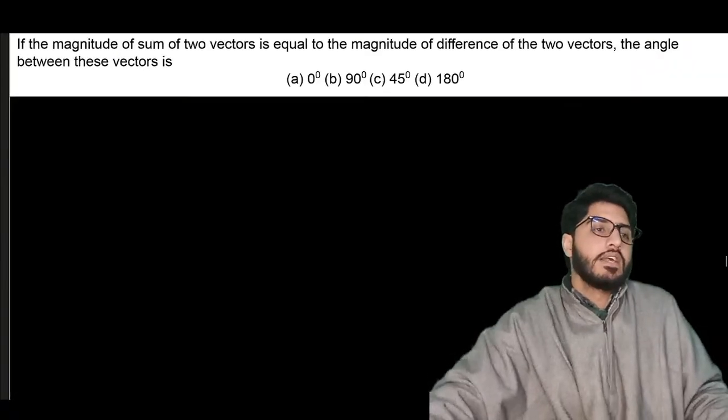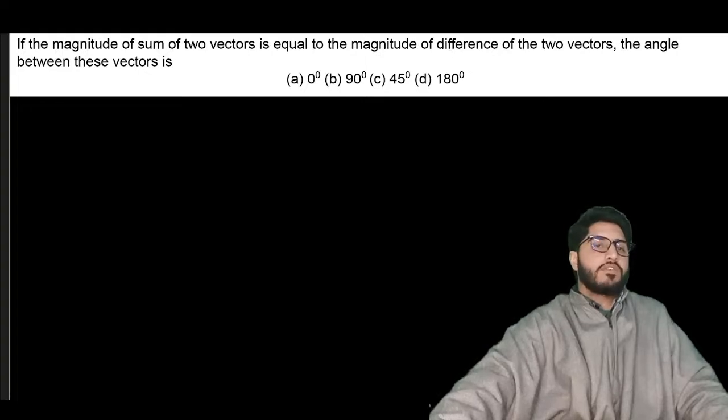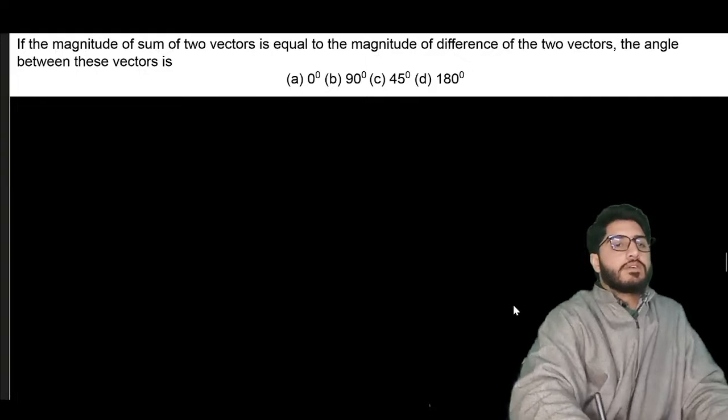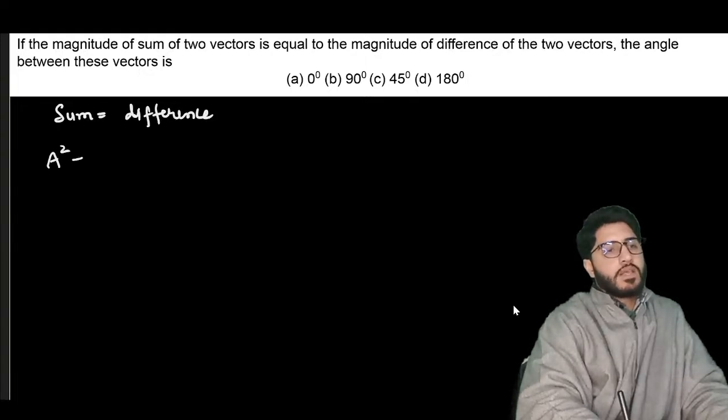Next numerical. If the magnitude of sum of two vectors is equal to the magnitude of difference of the two vectors, the angle between the two vectors. How we can do it now? Look. Sum equals to the difference. What is sum? It is a square plus b square plus twice ab cos theta.